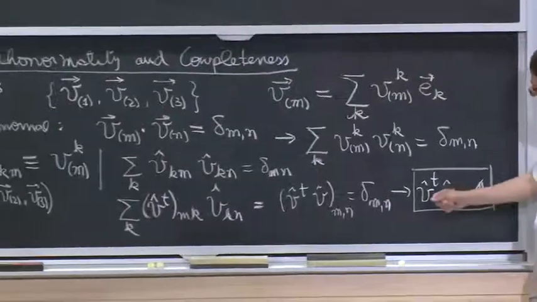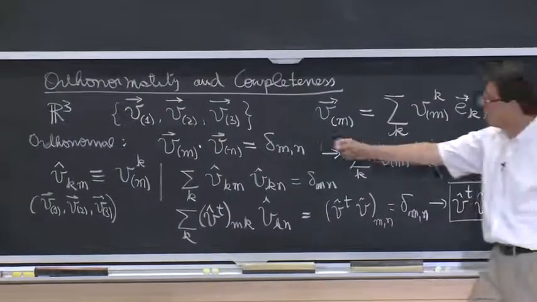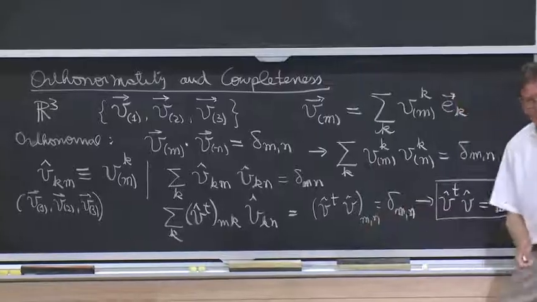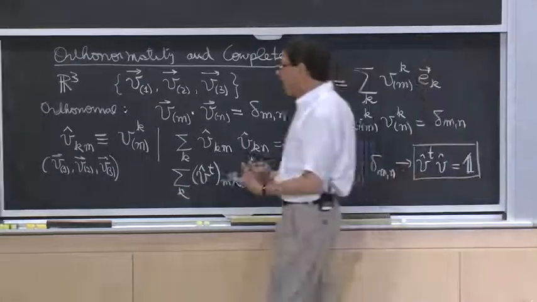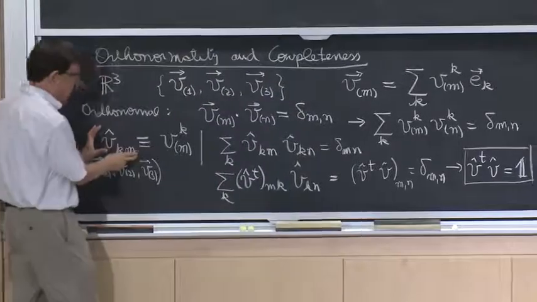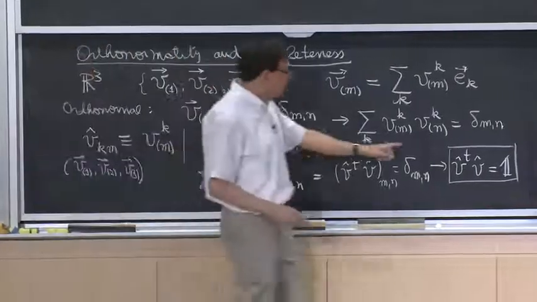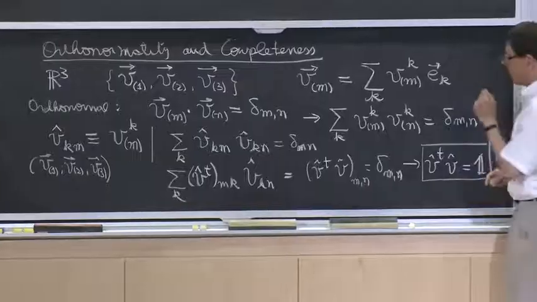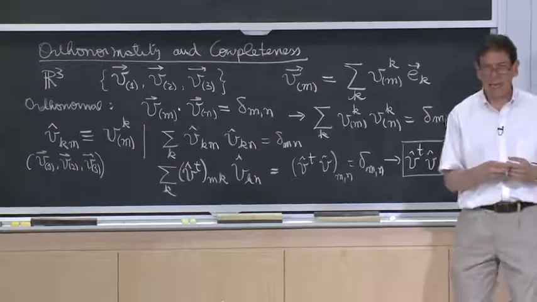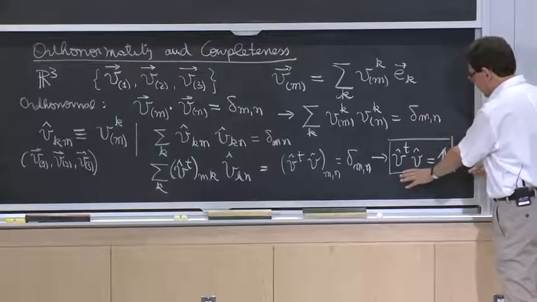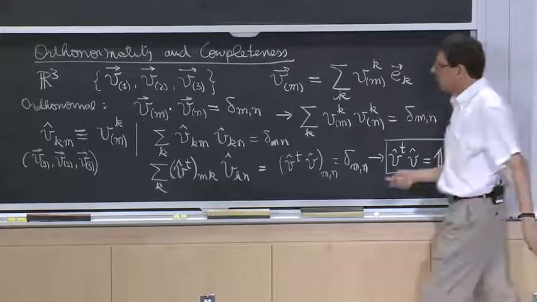So what it turned out was that the condition that the vectors be orthonormal allows you to think of the collection of vectors forming a matrix that happens to be an orthogonal matrix. So this is the first condition, orthonormality. We've translated it into a matrix equation.